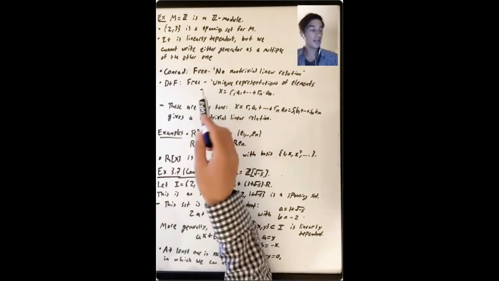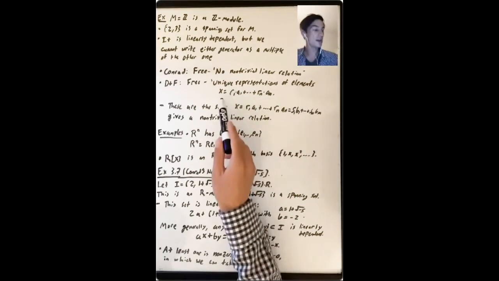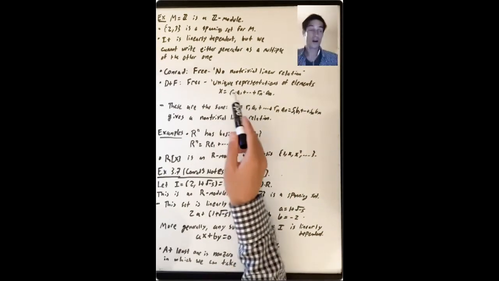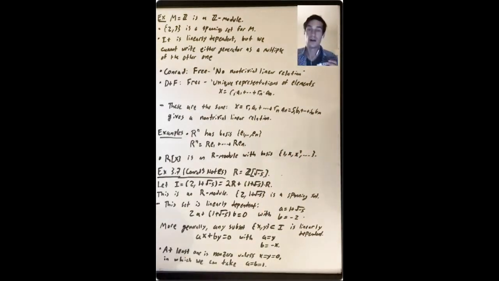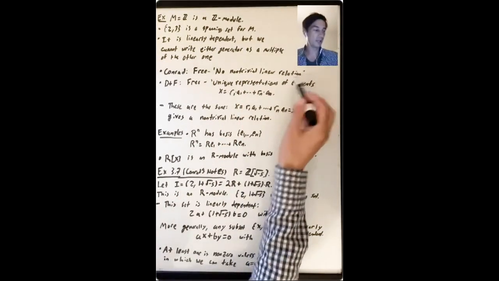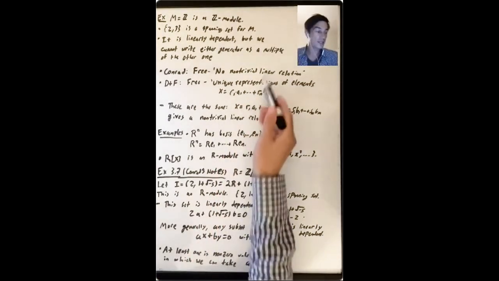And in Dummit and Foote, free is a statement about the uniqueness of representation of elements as R linear combinations of the elements of your set. So these don't look exactly the same, but they are the same.